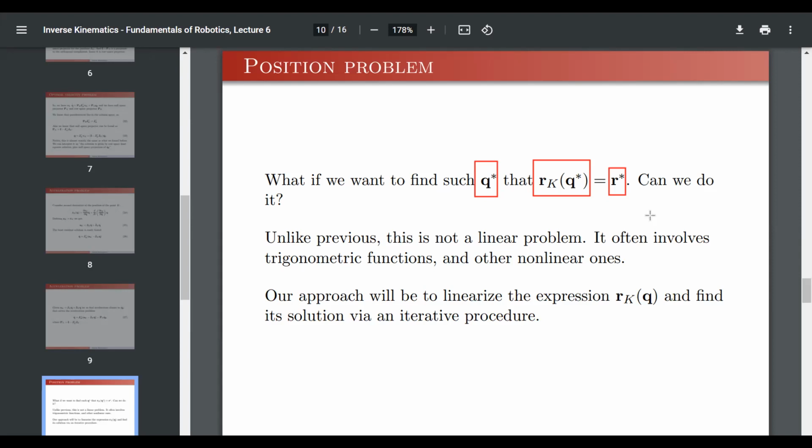And you would think maybe this is exactly the same, but no, this is not the same. This is a non-linear problem. It involves usually trig functions and some other stuff. So you can imagine I'm asking you L cosine phi equals 5. How do you find the solution? Well, you can say arc cosine of 5 divided by whatever it was, right?